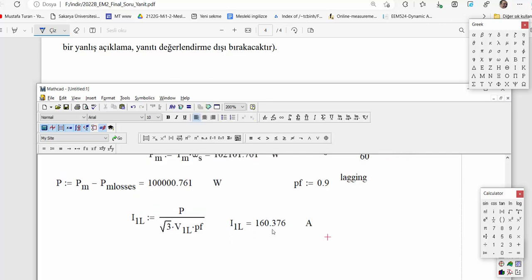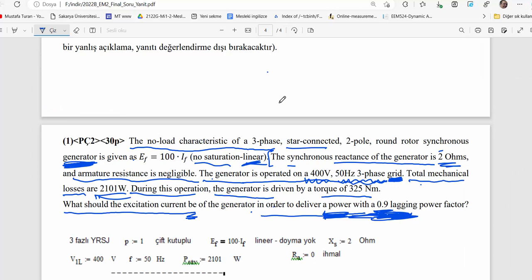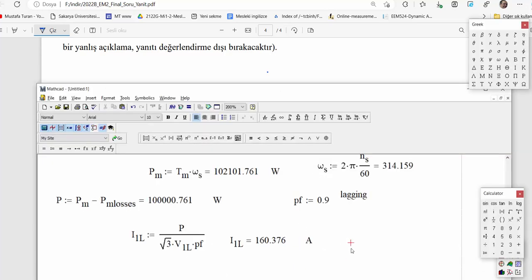But is the machine connected star or delta? The machine is connected star, so single-phase current is equal to line current, the same value, because the machine is star connected.